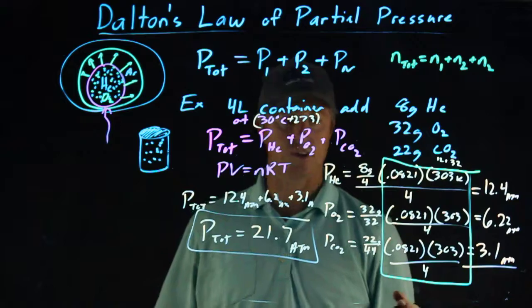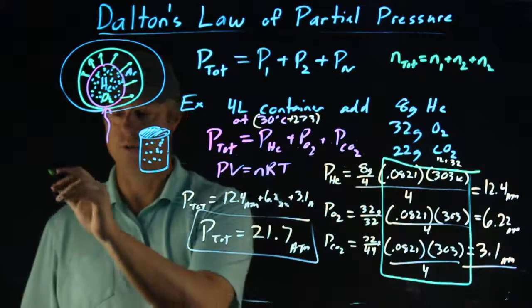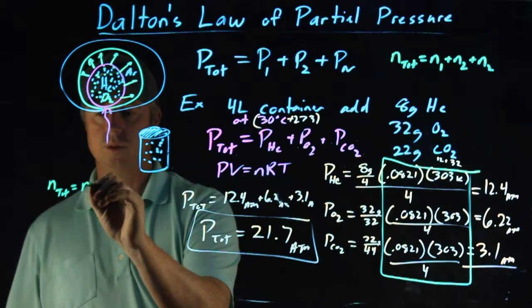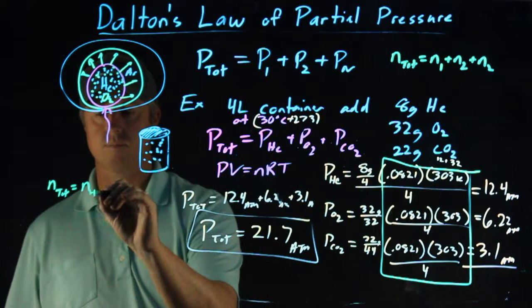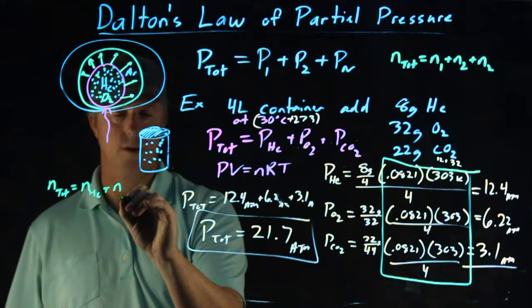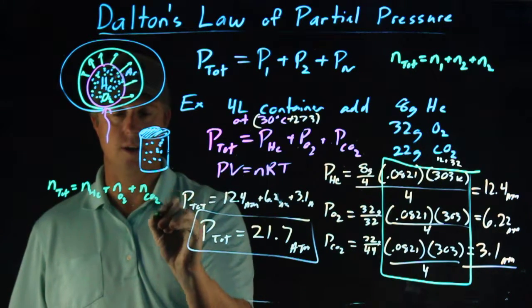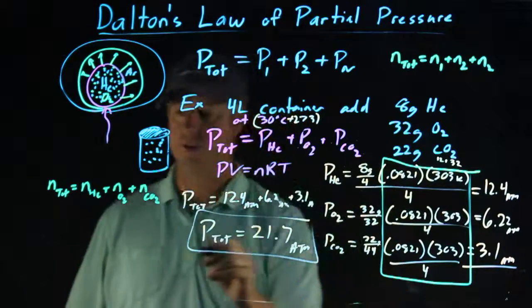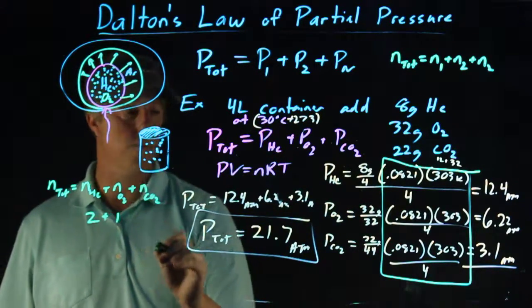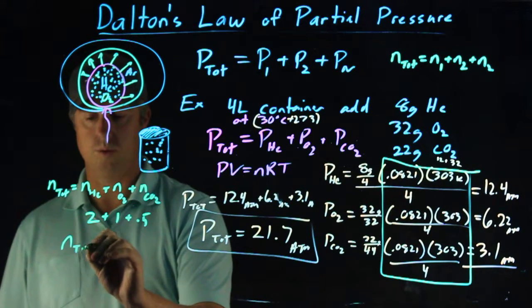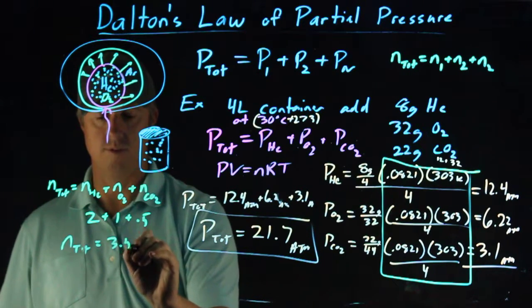So in this case, I could have added the moles. So I'll do that real quick. The moles total is equal to the moles of helium plus the moles of oxygen plus the moles of carbon dioxide. And the moles were 2 for helium, 1 for oxygen, and 0.5. So the total moles was equal to 3.5.